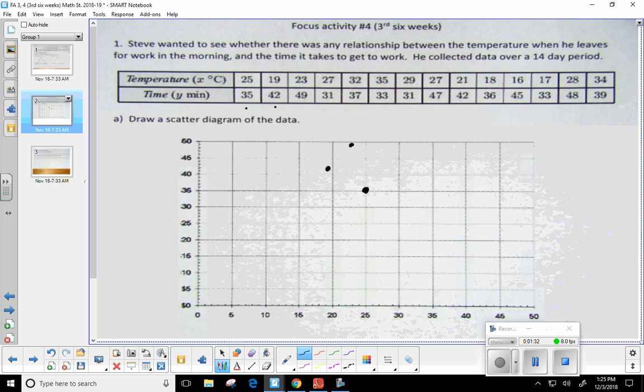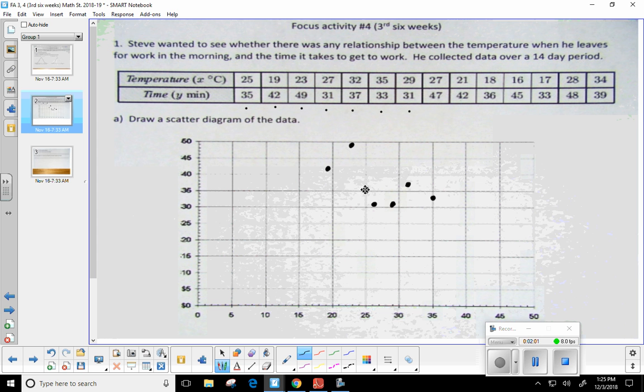Then we have 27, 31. So maybe right about there. Okay, 32, 37, 35, about right here, maybe. Then 35, 33. Then 30, whoop, that's a little high. There we go. 29, 31.